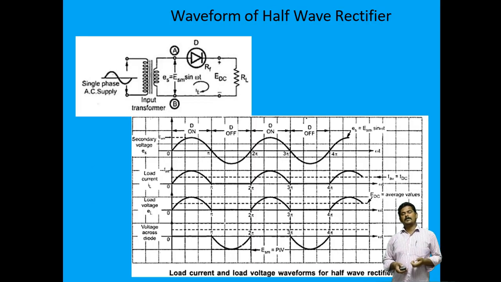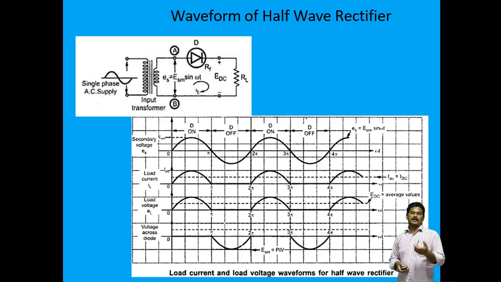These are the waveforms of a half-wave rectifier. The first one is the given input AC signal with a period of 2 pi. Whenever the 0 to pi cycle reaches the diode anode terminal, the diode allows that signal, and whenever the pi to 2 pi part arrives at the diode anode, the diode is reverse biased and that section is not allowed by the PN diode.